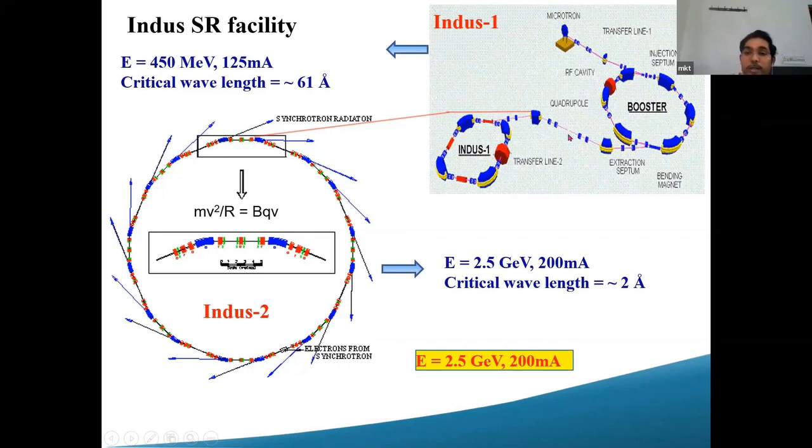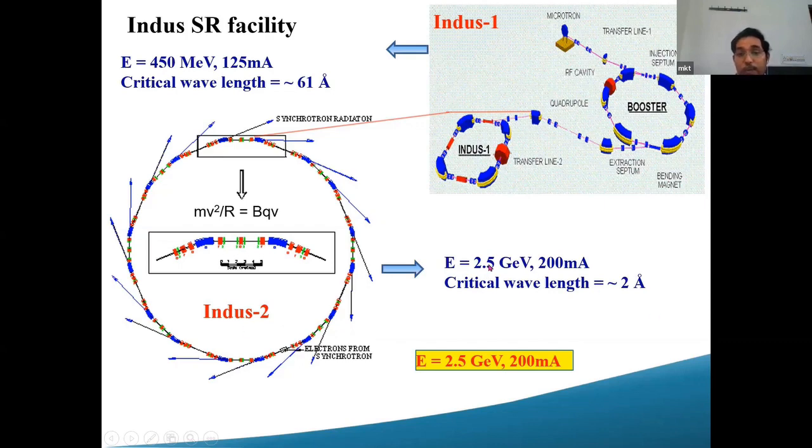But if we want to inject the beam into the Indus 2 storage ring, we accelerate the electron beam up to 550 MeV. Then through the transfer line we transfer the electron beam into the Indus 2 ring, where we further boost the energy of this electron beam to 2.5 GeV.